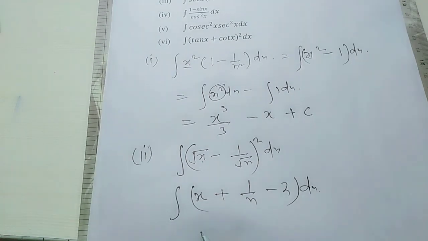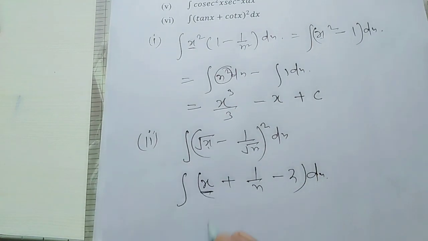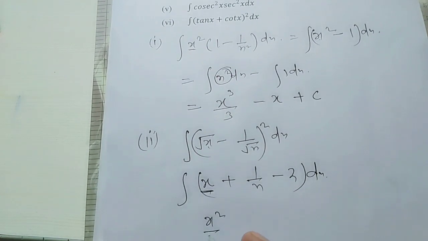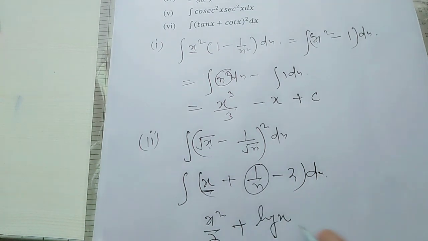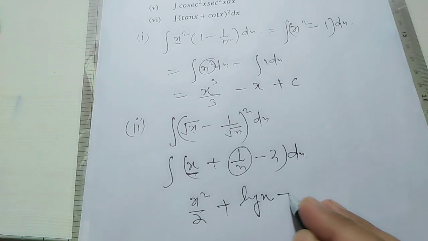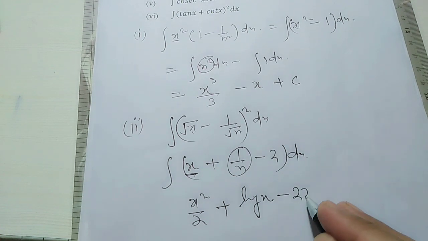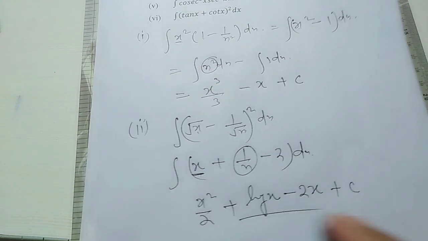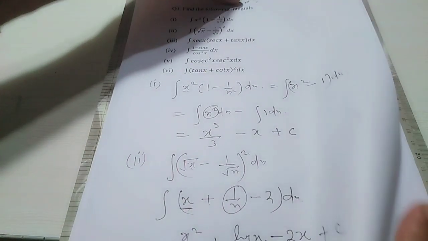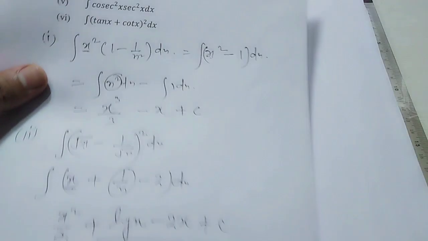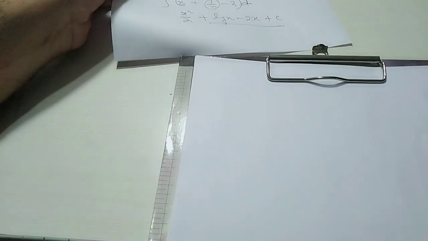Now we have to know what is the integration of x? x square upon 2. What is the integration of 1 upon x? That is log x, and 2, and what is the integration of 1? That is x, and finally plus c. So now to perform more questions, keep watching.